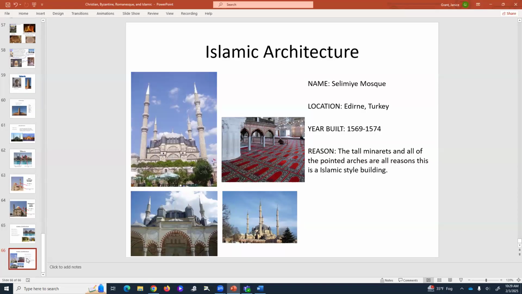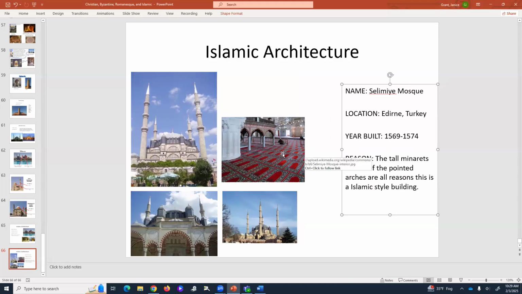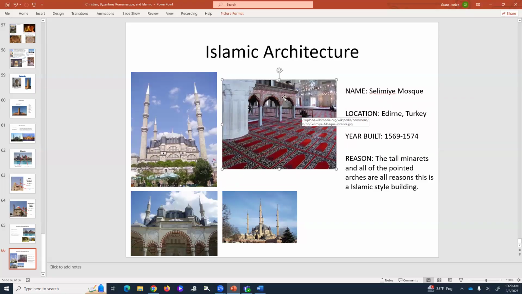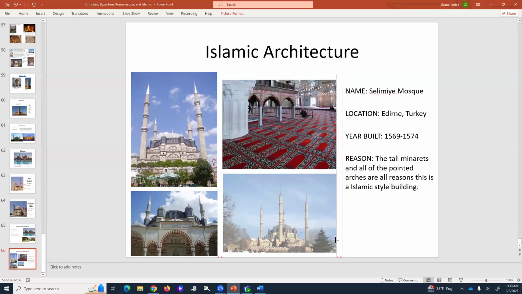It kind of looks like the Taj Mahal. Probably one of the best examples you can see. You can see here, just put this over here, this picture showing those arches, and then this picture showing those large minarets.